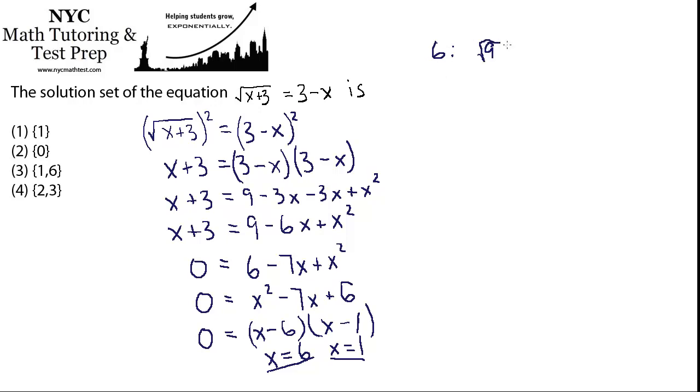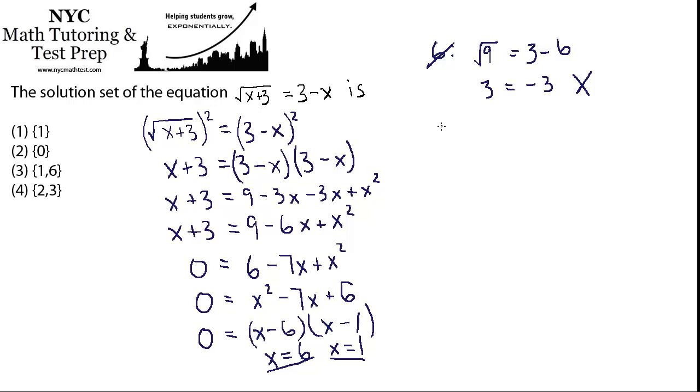So we have square root of 9 equals 3 minus 6. Is that true? Well, square root of 9 is 3, and 3 minus 6 is negative 3. So that does not work. So we have to throw 6 out.